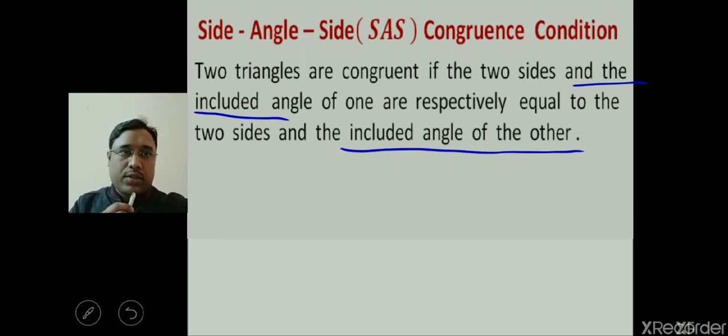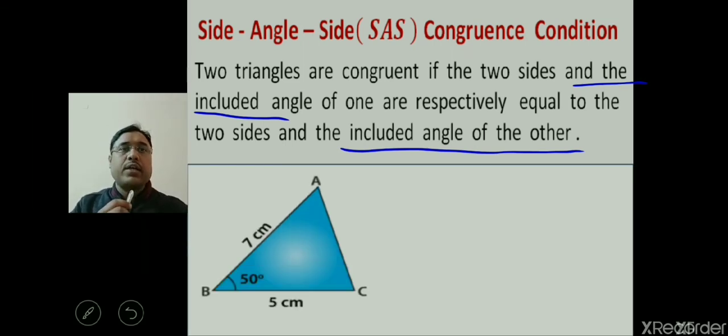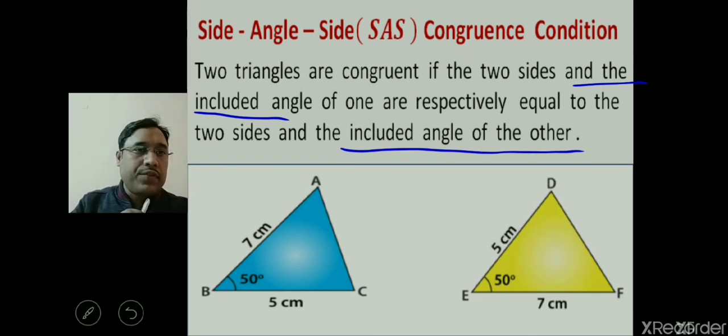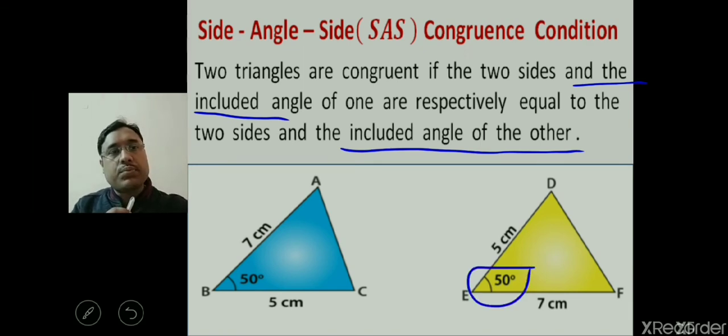Okay, this diagram will clear everything. In triangle ABC, you can see that BC is 5 cm, BA is 7 cm, and in this triangle EF is 7 cm and ED is 5 cm, and the included angle is 50 degrees here.